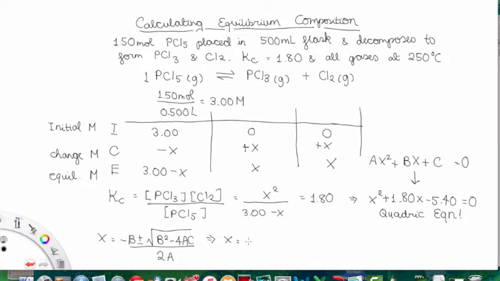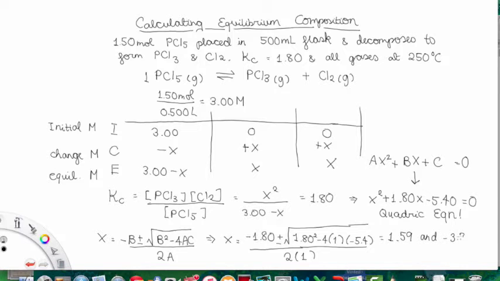So x is going to equal negative 1.8 plus or minus the square root of 1.8 squared minus 4 times 1 times negative 5.4, and all of this divided by 2a, which is just 2. The values we get are going to be 1.59 and negative 3.39, since remember there's two solutions to the quadratic equation.